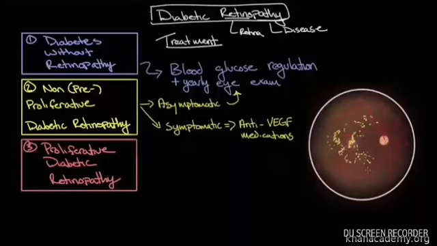So for this reason, anyone in this stage of diabetic retinopathy is recommended to undergo a procedure known as laser photocoagulation. This is a process by which very precisely focused lasers are used to stop the growth of these vessels on the retina. Unfortunately, this treatment is not necessarily curative.